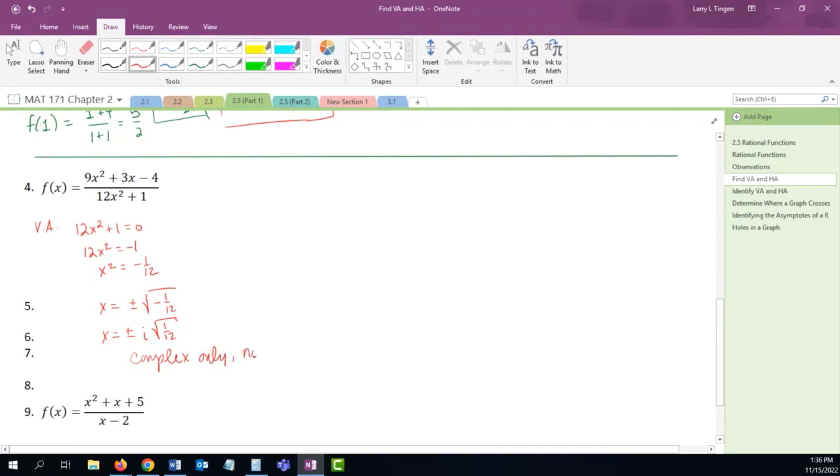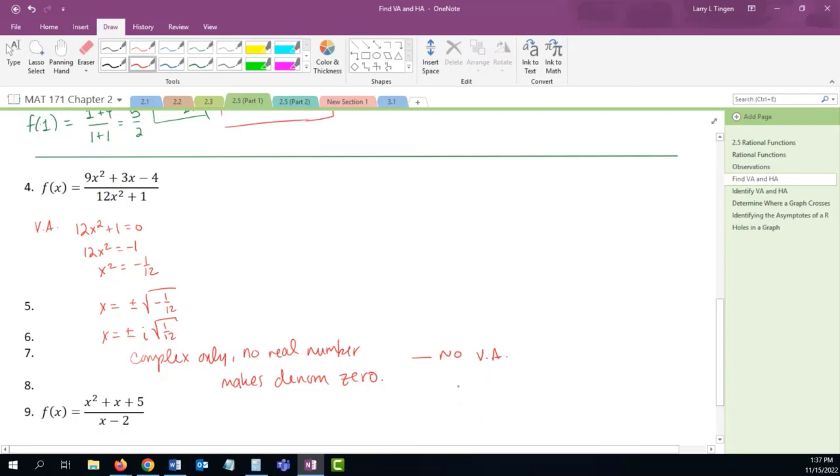So that means no real number makes the denominator 0. The only thing I can plug in for x that would make the denominator be 0 is imaginary. So when that happens, there's no vertical asymptotes.